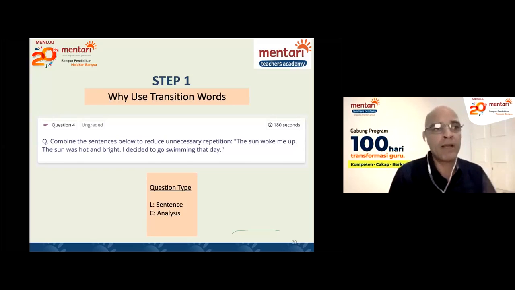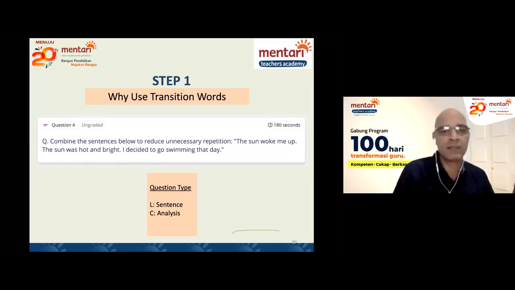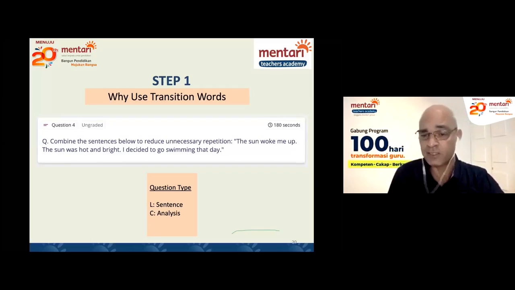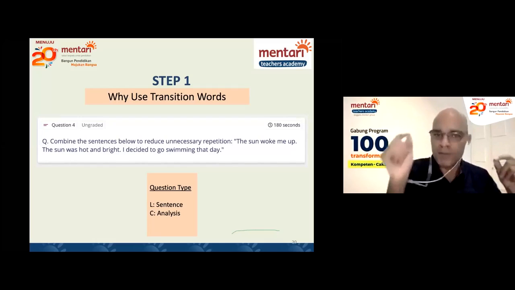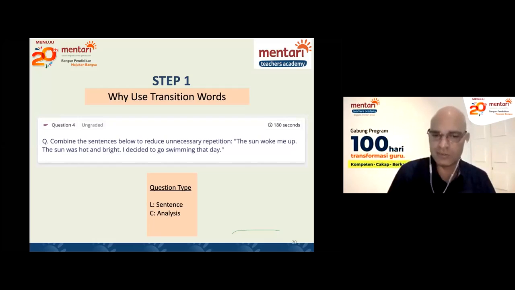And if you need to remember anything from this workshop, remember the progression. If this sentence number 4 was given before question number 1, it would have been a lot more difficult for the students to engage with the content, because I'm asking them to work at the sentence level and analyze the information, when before I could have worked at the word level or the sentence level by just recalling and applying information, and helping them build up their experience with using transition words.